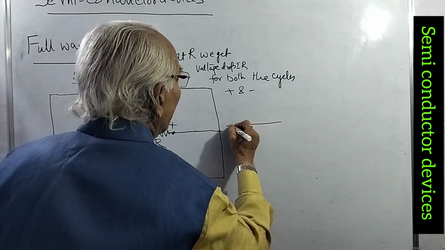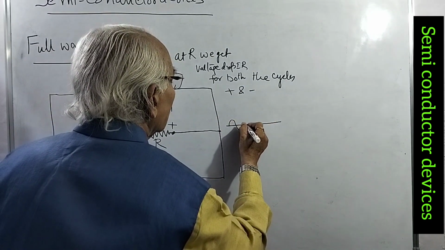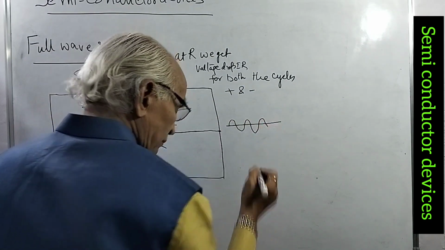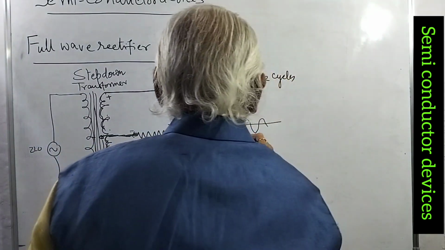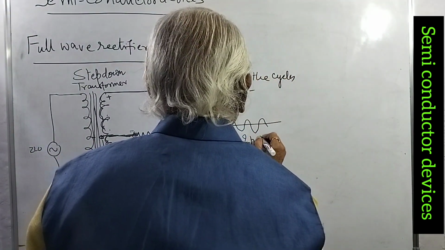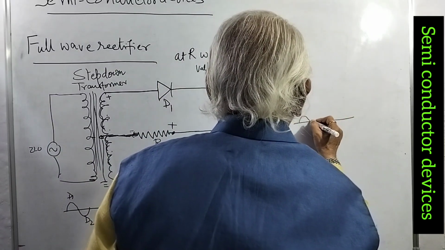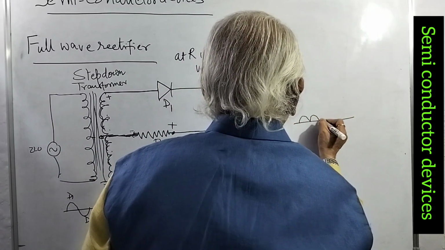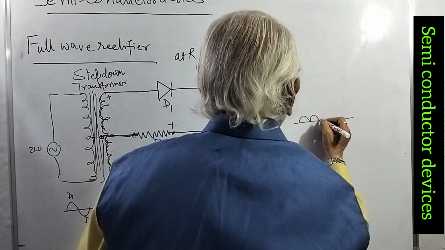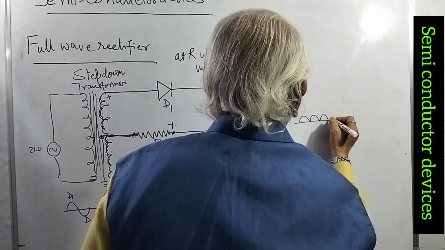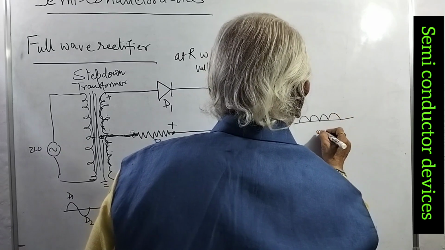Means if this is the input, then you can see that for the half cycle positive, and negative also, current flows through diode D2, which gives the same voltage here, like this. So this is the output.